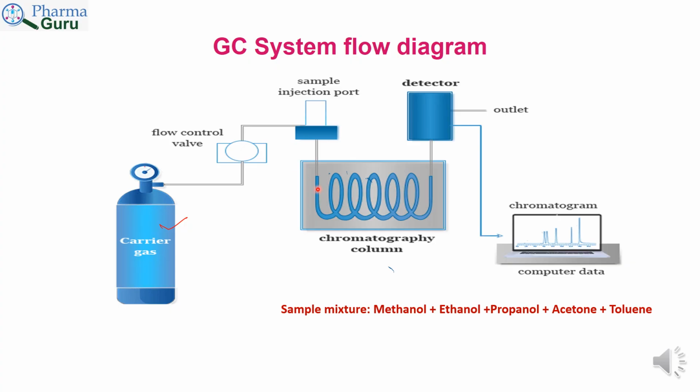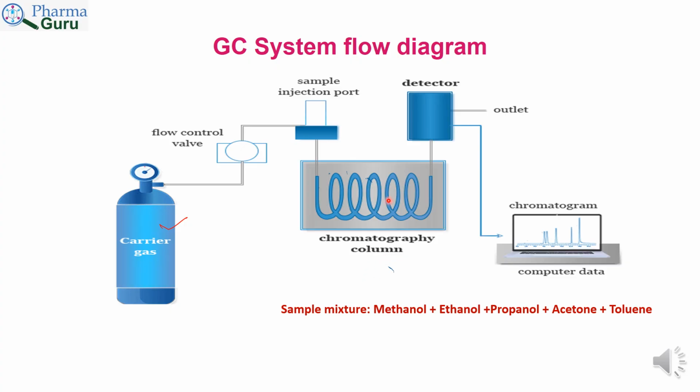They will interact more with the stationary phase and they will retain in the column and elute last from the column. And hence, due to difference in interaction of each component with the stationary phase due to difference in polarity, each component is getting separated in GC.